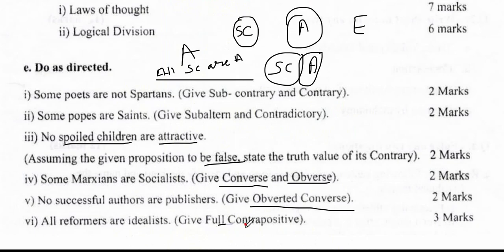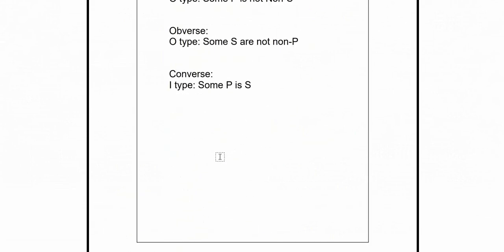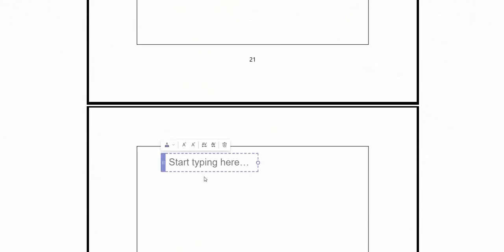So we have a question for contrapositive also, and we did not do the converse, obverse for the O type. So let's start with that. For the O type also let's cover. So O type logical form would be some S is not P. This is the standard form, logical form.